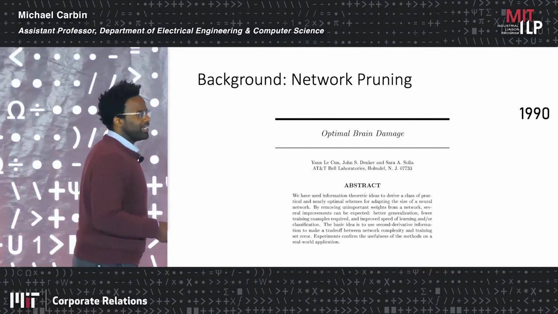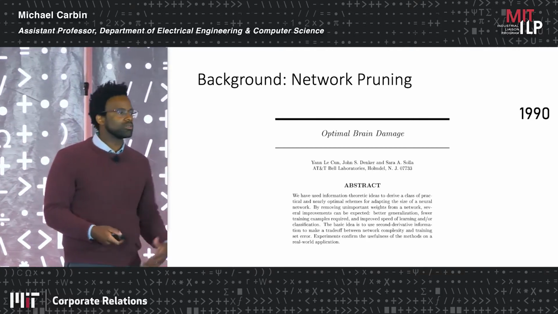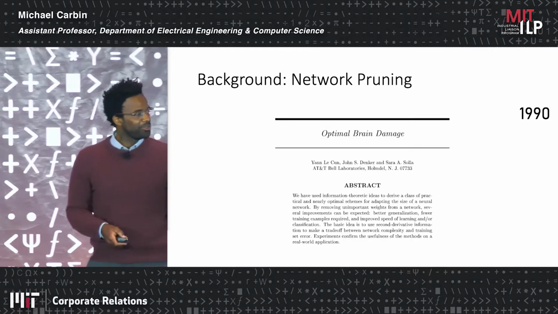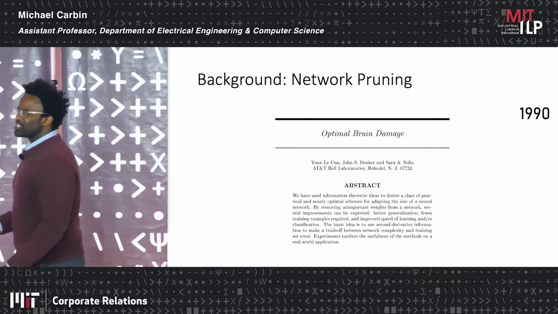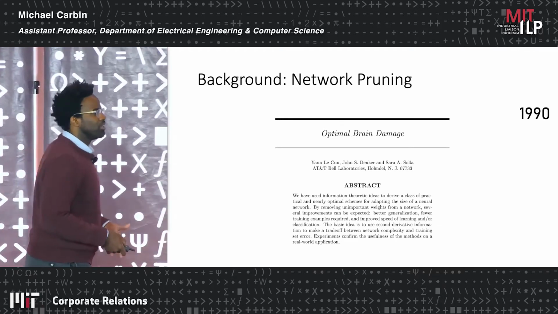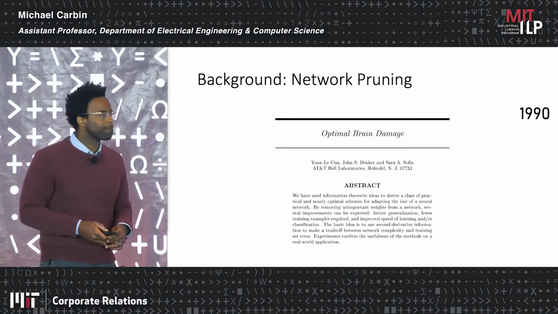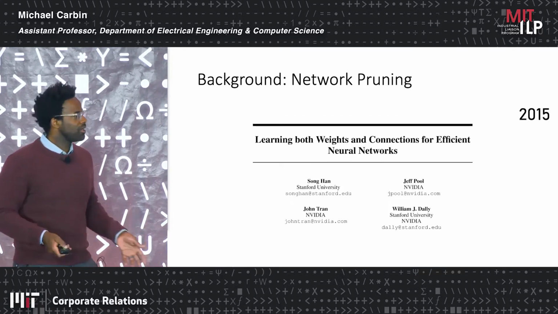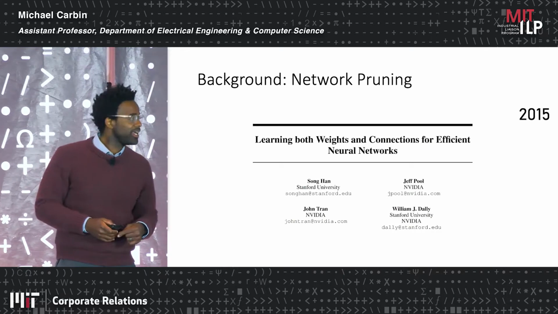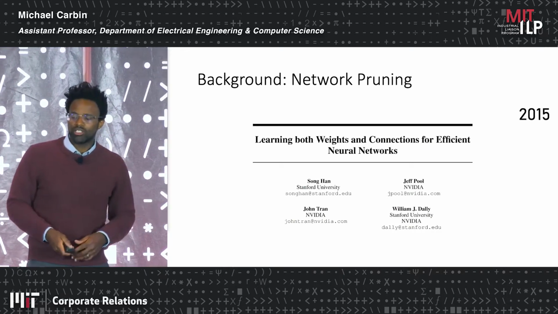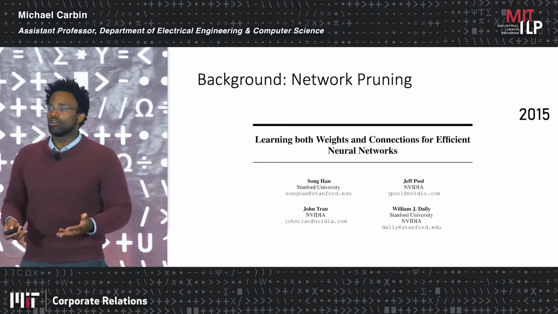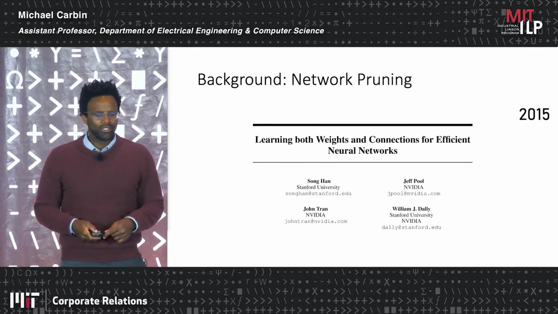Going back to the 90s, and even a little before this, there were some great foundational and well-titled papers on how we reduce the size of neural networks by eliminating connections or neurons. More recently, Song Han, who was at Stanford at the time and is now at MIT, and you'll hear from him later today, demonstrated that some of these old techniques were very well applicable to the modern neural networks that we're working with today.